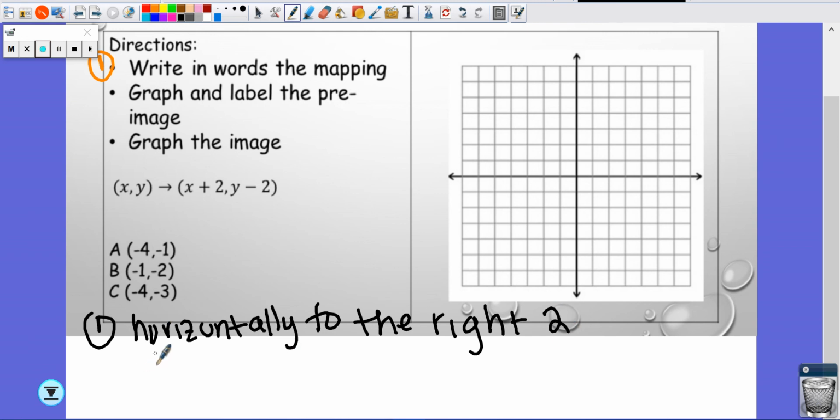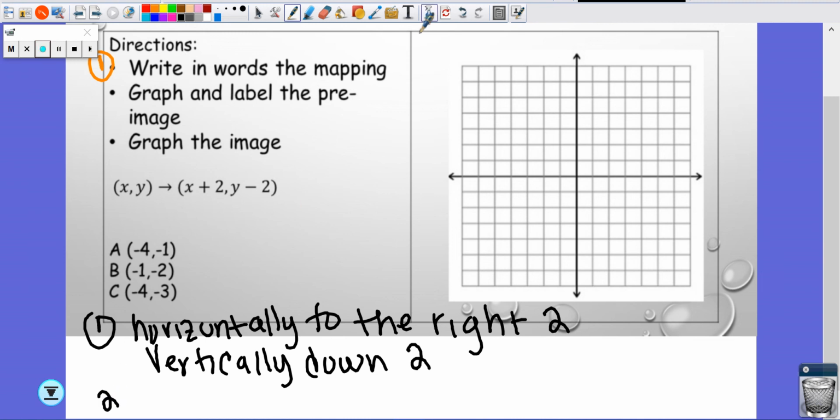And then we're going to go vertically down 2. Okay, because the Y goes up, down, and the X goes left, right. Okay, so we wrote that down.